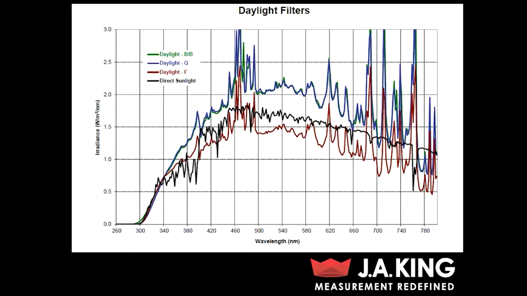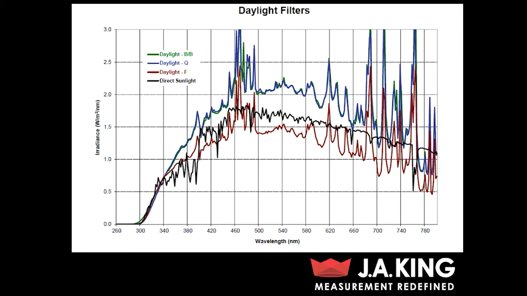So I talked a bit about the different types of filters. And this is an example of a plot of their actual output. So this is plots of daylight filters. If you look at the black line, that's going to be your actual direct sunlight. And then the other lines are just different types of daylight filters. And the reason that you might choose one filter over another might depend on your actual specification.